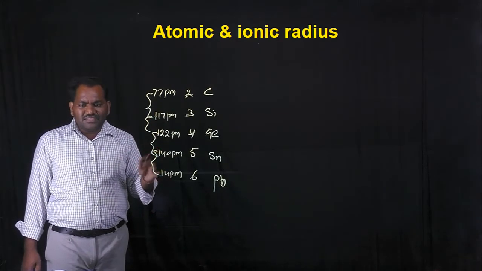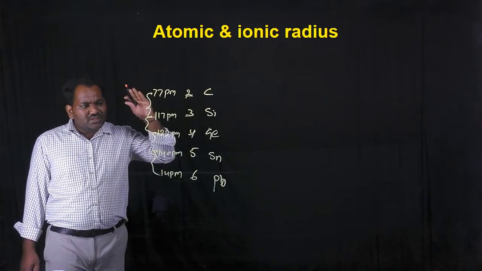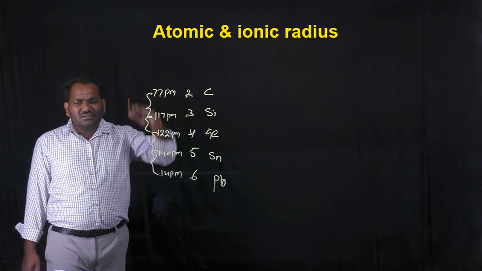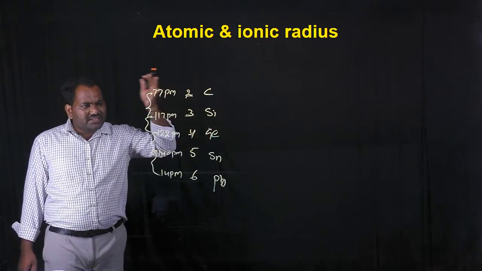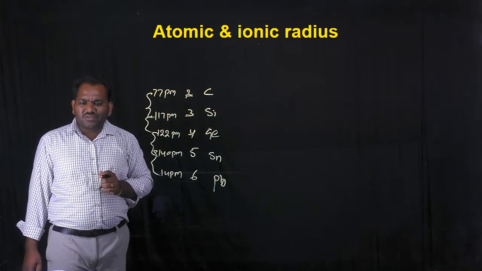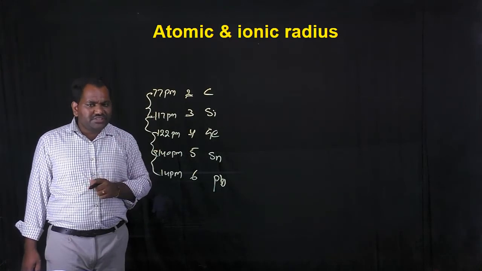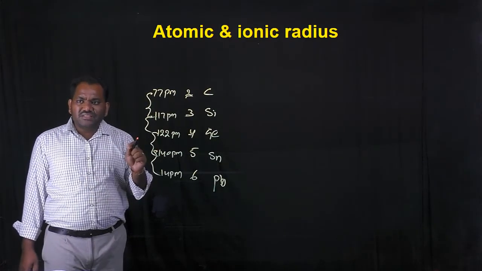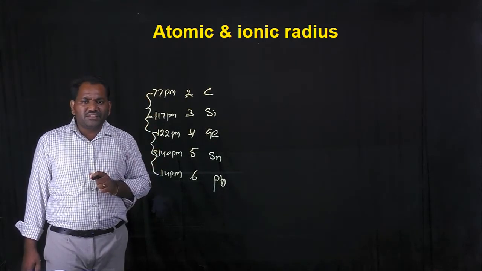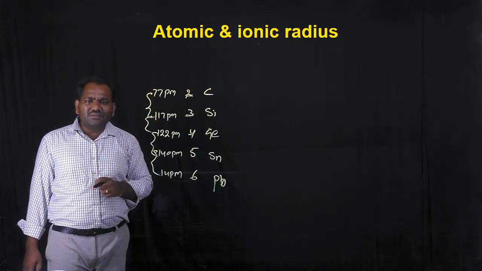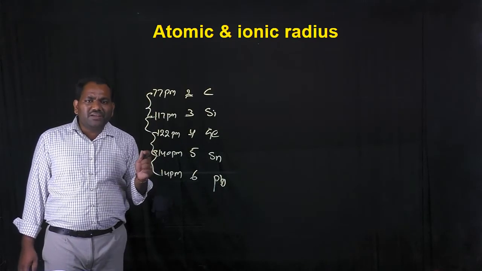As size increases, the nuclear charge also increases drastically. So the total nuclear charge is concentrated on the outermost orbit. It means the outermost electrons are strongly attracted by the more charged nucleus. That's why the size is not increased that much. Moreover, the inner orbits contain peculiar shaped f orbital electrons.